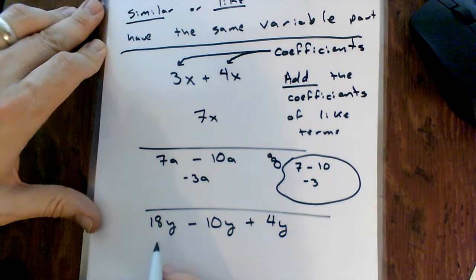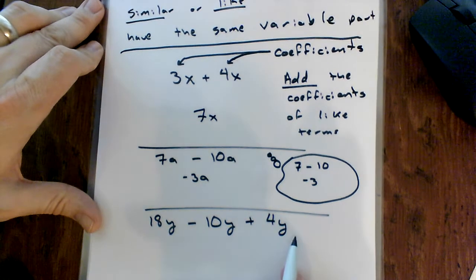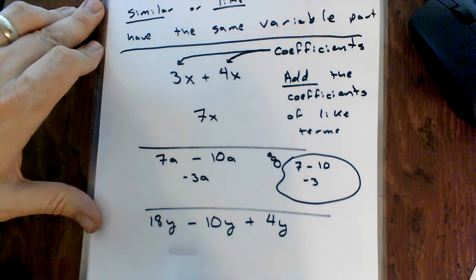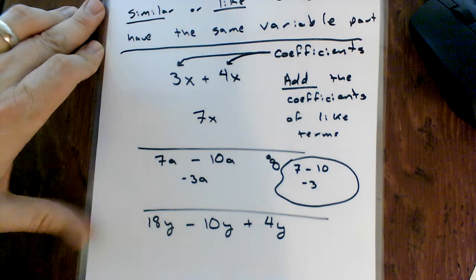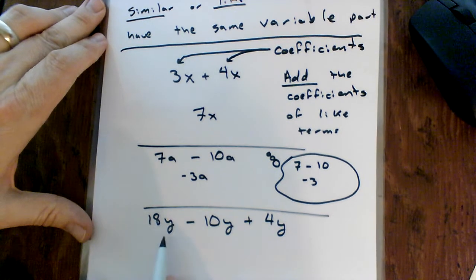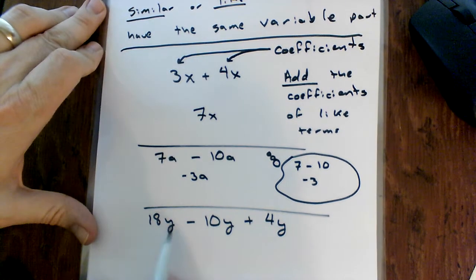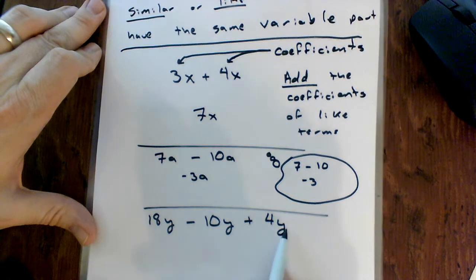With this, I've only got one variable, y each time. And in a lot of ways, what we're doing is we're saying, how many y's do I have total? I've got 18 to start with, I'm going back 10, and then I'm adding 4 more.